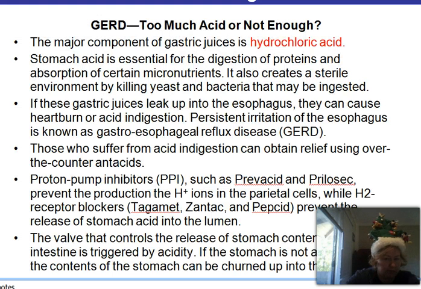Okay, base strength, too much or not enough. This is just a little ditty here for your enjoyment. The major component of gastric fluid is hydrochloric acid. It's really low pH, about 2 in your stomach. The stomach is essential for digestion. So two things can happen. You can have too much acid in your stomach, and that can creep up through your esophagus and give you indigestion right here.